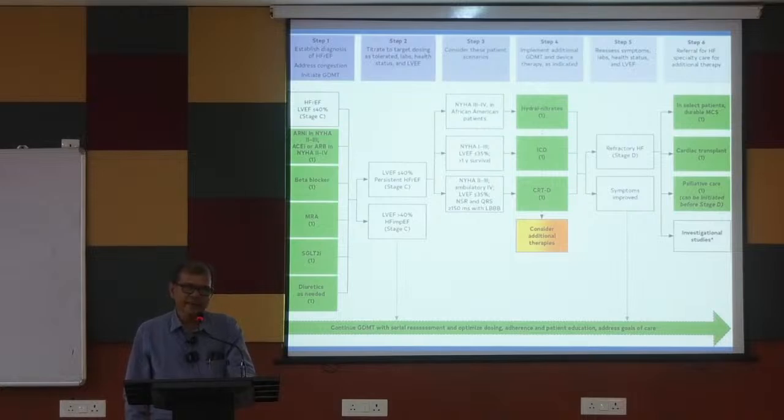So LBBB is characterized by number 1, morphological changes in the form of prolongation of QRS duration. Number 2, loss of initial septal depolarization. And number 3, secondary ST-T changes.